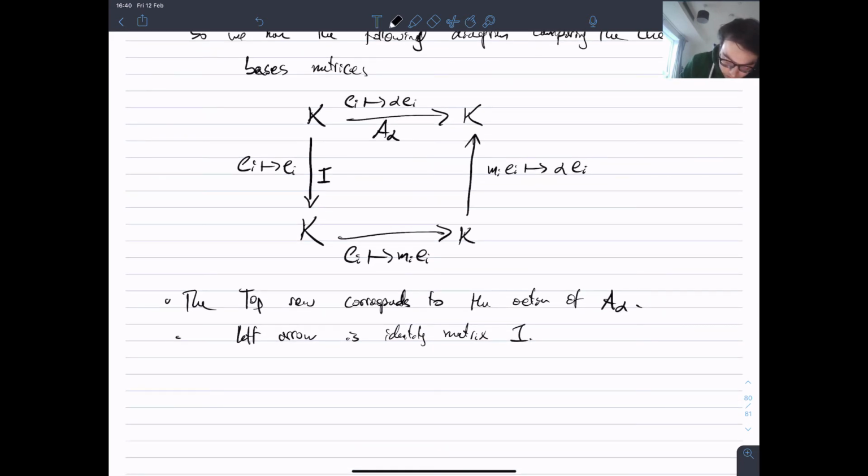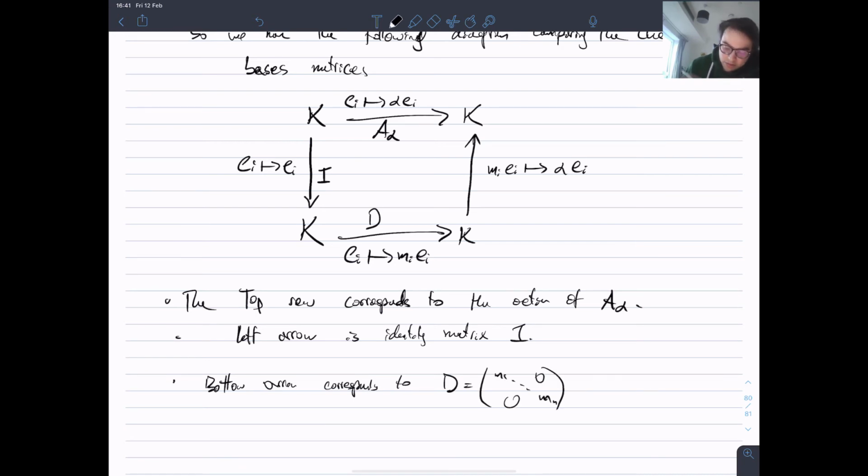This one along the bottom is a diagonal matrix with entries m_i along the diagonal. So the bottom arrow corresponds to D, the following matrix. You just have m1, ..., mn, and zeros outside of it.